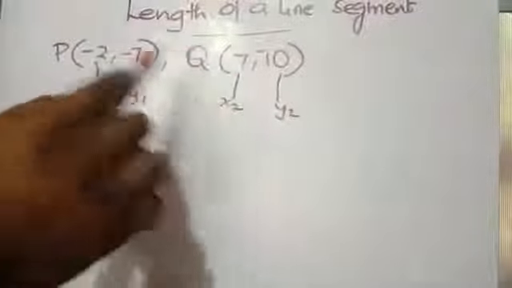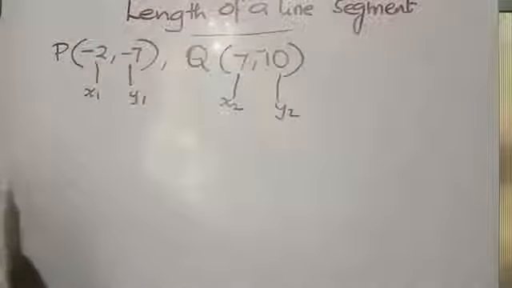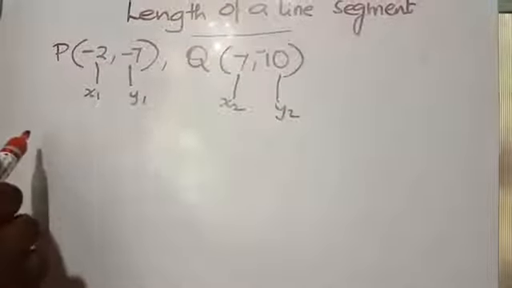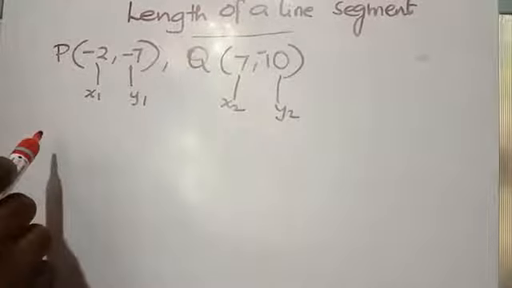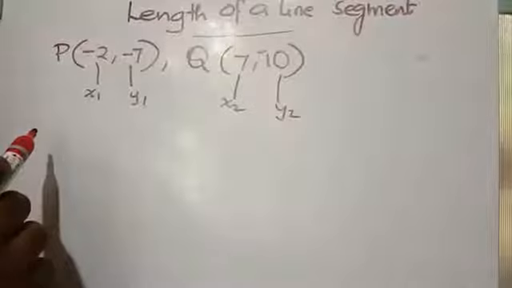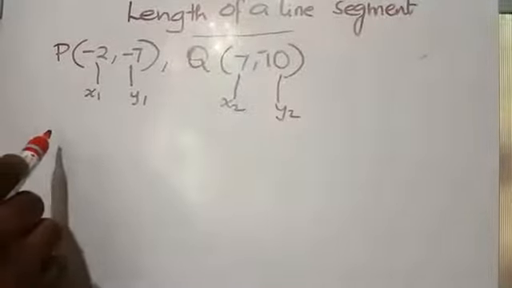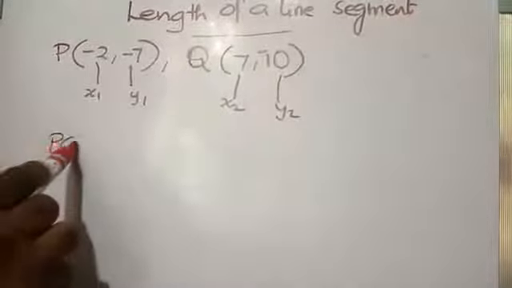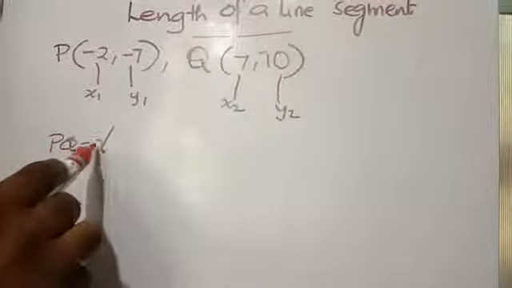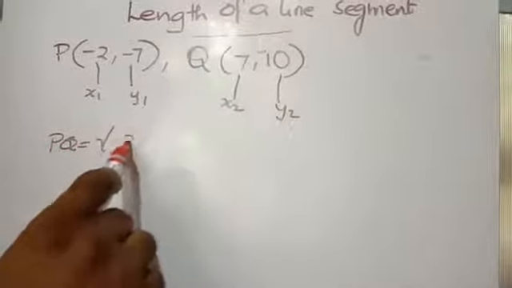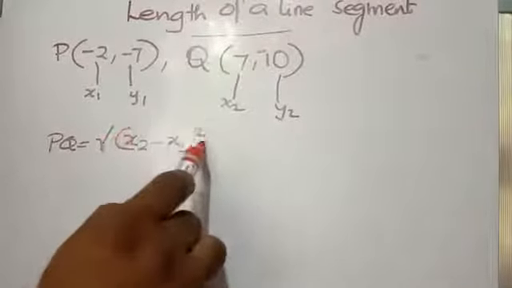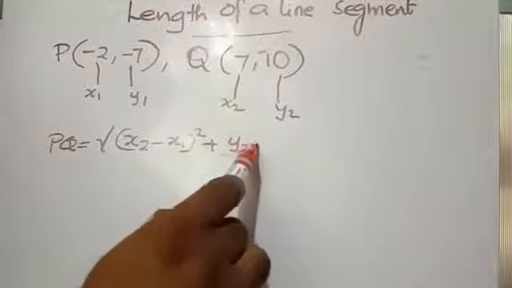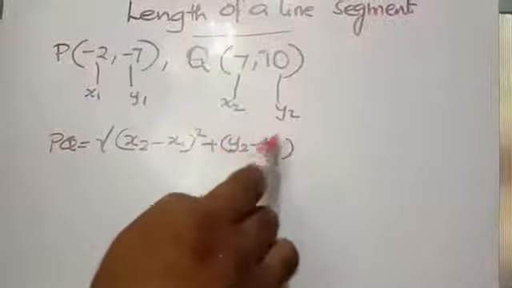It's your wish what you take as x1, y1 and x2, y2. Same like gradient. Remember the formula for gradient, change of y by change of x, y2 minus y1 by x2 minus x1. So when it comes to the length of a line segment, it is under the root x2 minus x1 the whole square plus y2 minus y1 the whole square.